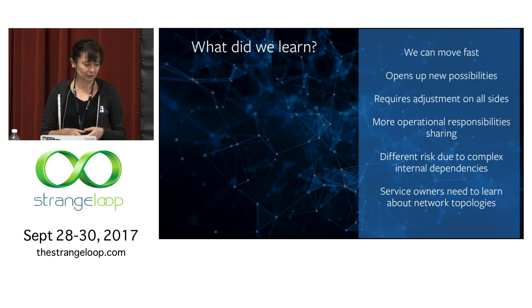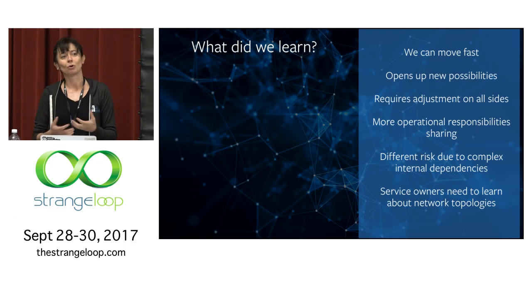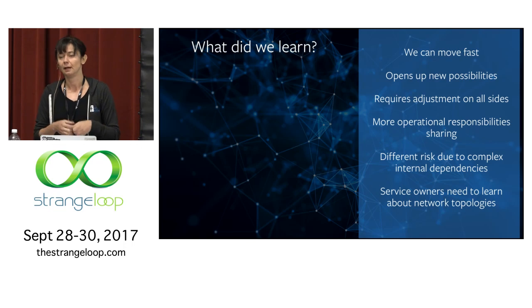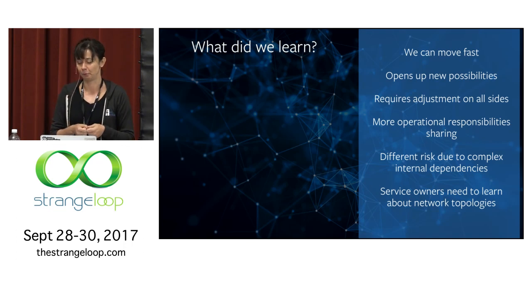But we also learned this required certain adjustments. Everybody working in this part of the infrastructure, network engineers, software engineers, and production engineers, all of us have to adjust to this new world where these are not just switches and not just servers, but this strange mix of both.